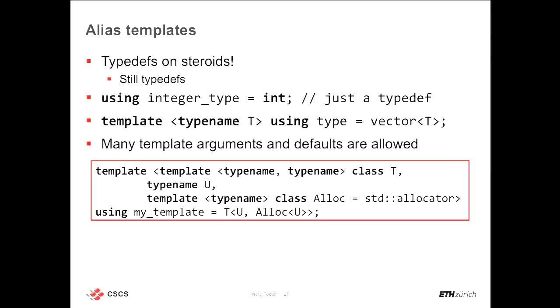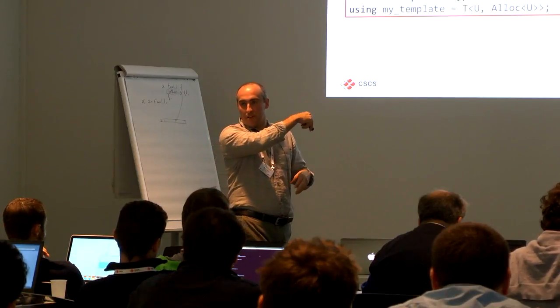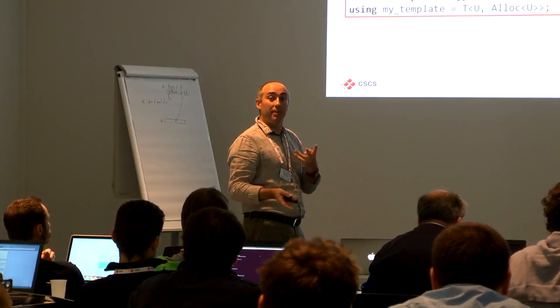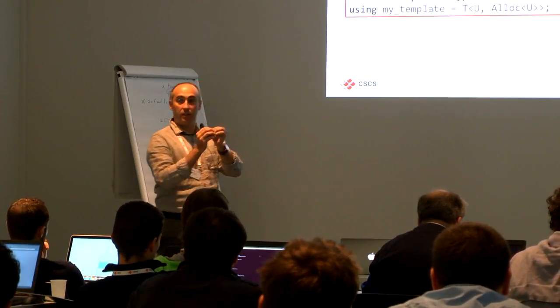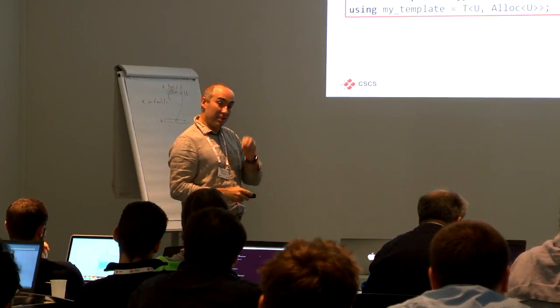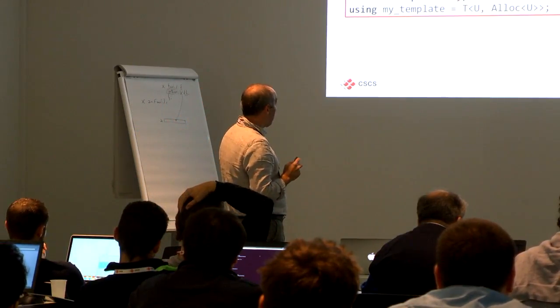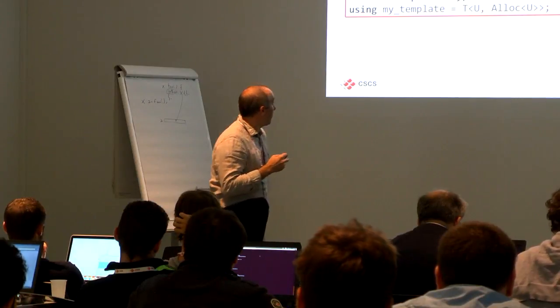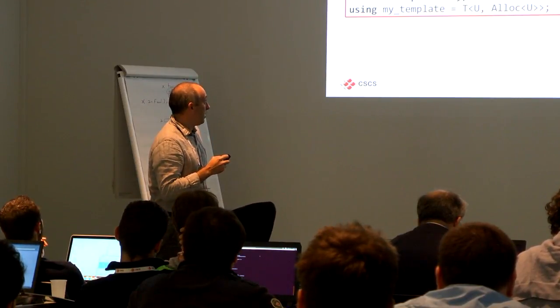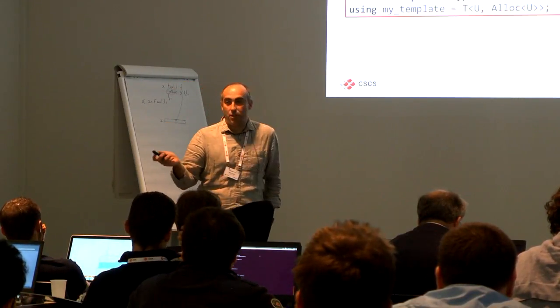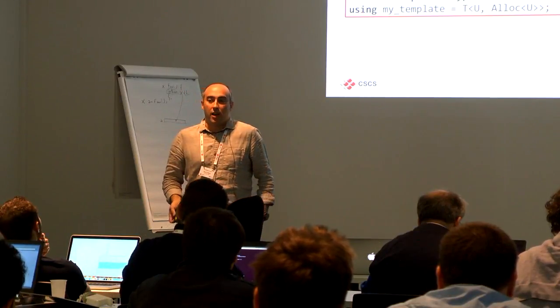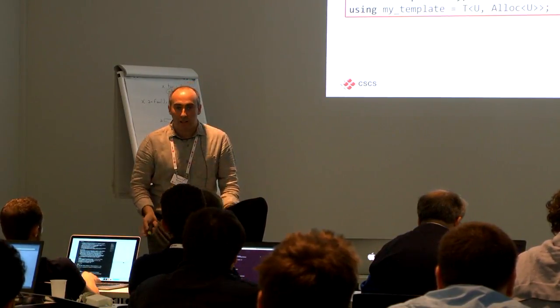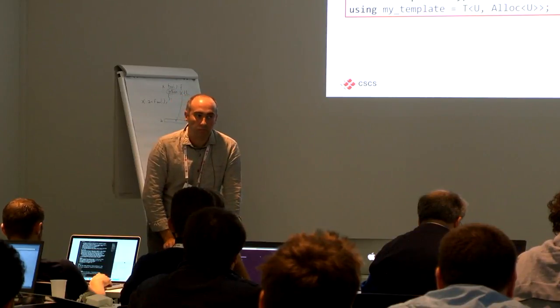The typedef int x will define x as an integer. It will be the same type, just a different name to identify the same thing, but it's exactly the same type. And using is just exactly the same. If I write using integer_type = int, that's just defining integer_type as an alias for int.